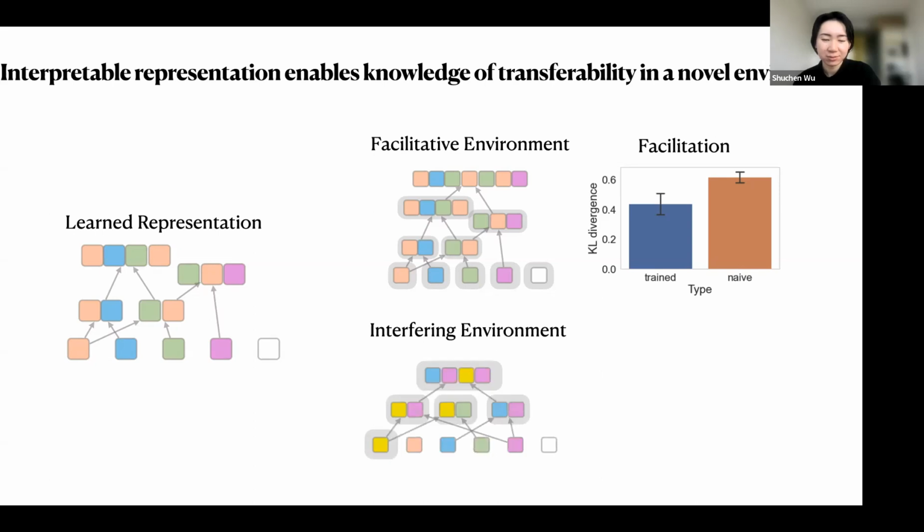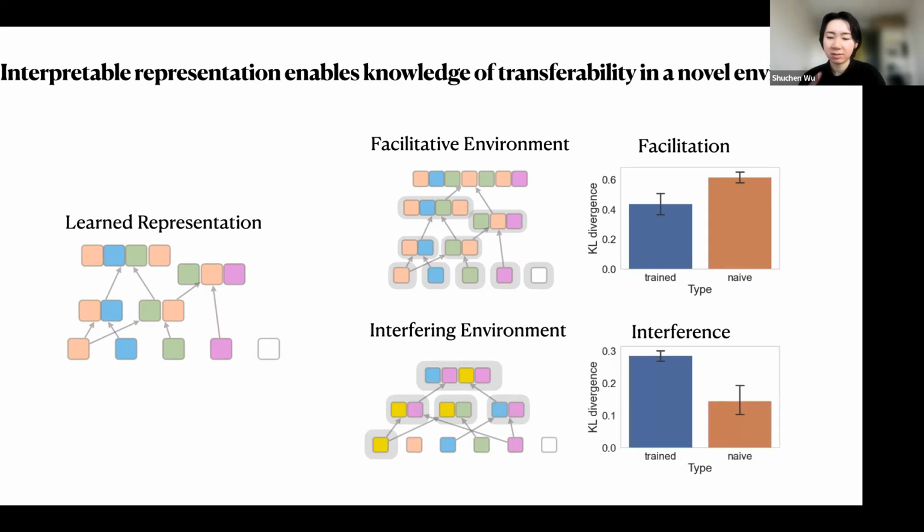Whereas if you go into an interfering environment, where this model needs to learn a lot of new chunks from scratch, then this model's performance at the beginning of training in this novel environment is worse compared to a naive model that goes into this environment without knowing anything.